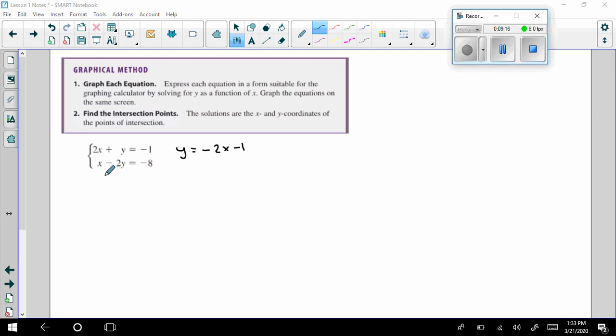And then this one we subtract the x over and divide by negative 2. So we get y equals 1/2 x plus 4. And so get them so that you can graph them in your graphing calculator. And then type that into your y equals functionality.